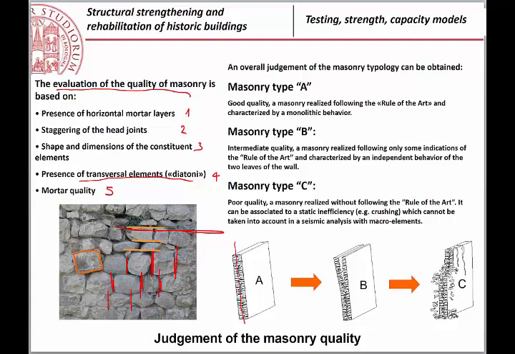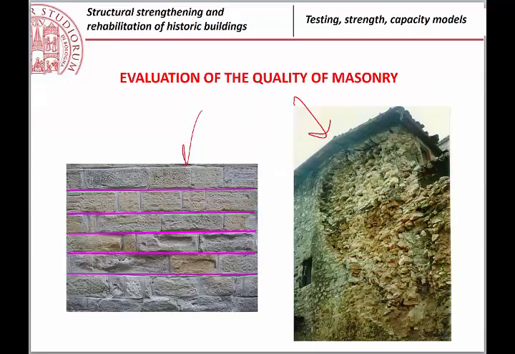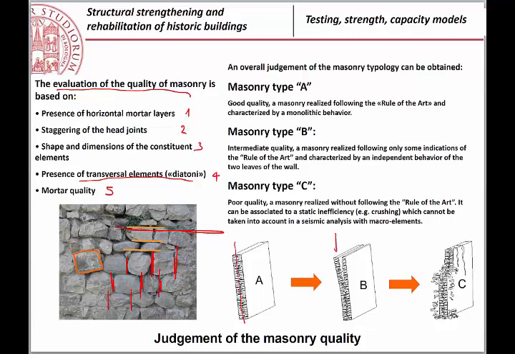If the 2 leaves are connected, they may work as a wall. If they are not connected, of course, you must have a separation of the walls. Separation means that the slenderness of the walls is much greater, etc. So connection is very important.